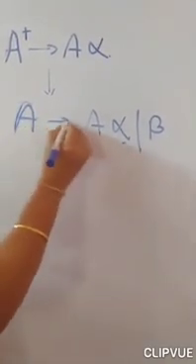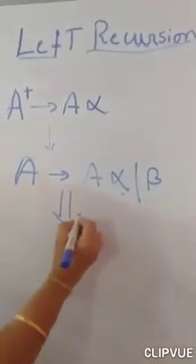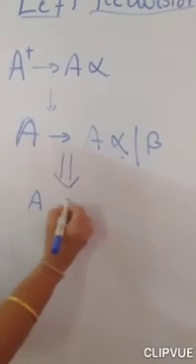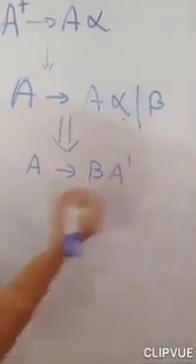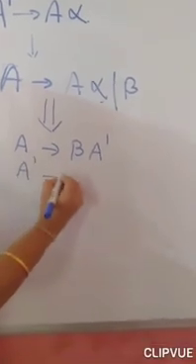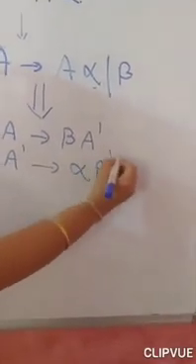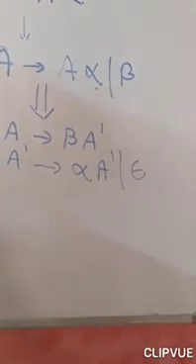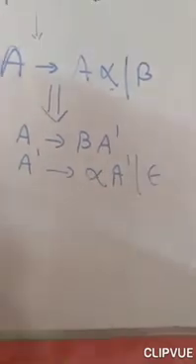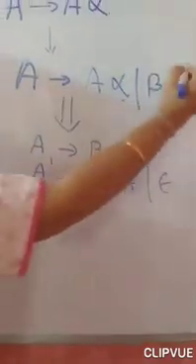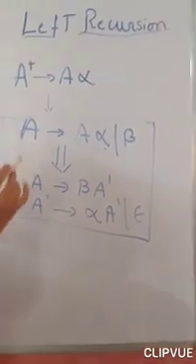If we have a left recursion of this form, it will be eliminated by A derives beta A dash, and A dash derives alpha A dash or epsilon. This is epsilon, the empty string. Epsilon is nothing but the empty string. So this is the method for elimination of left recursion.